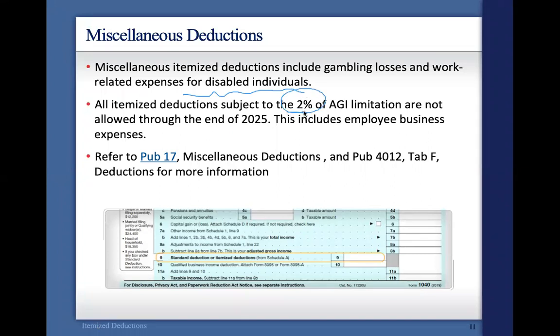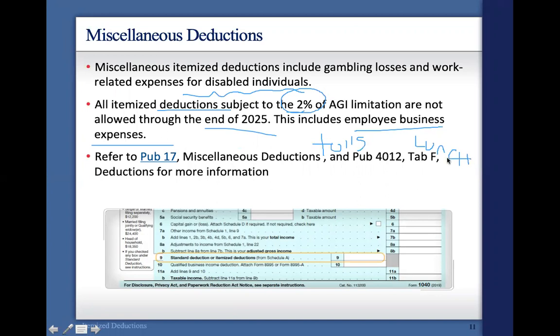Notice first here that this 2% is not allowed, we've got this limitation through the end of 2025. This really hit the Caskey house hard. Employee business expenses is on there. So any person that's generally in sales pays a lot of fees for things like tolls, or taking business folks out to lunch, or buying donuts for clients.